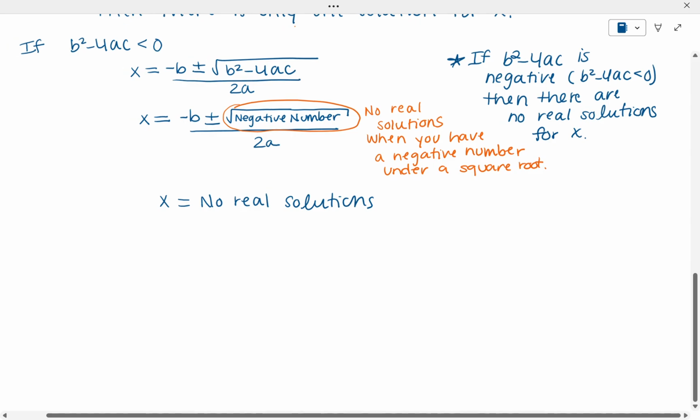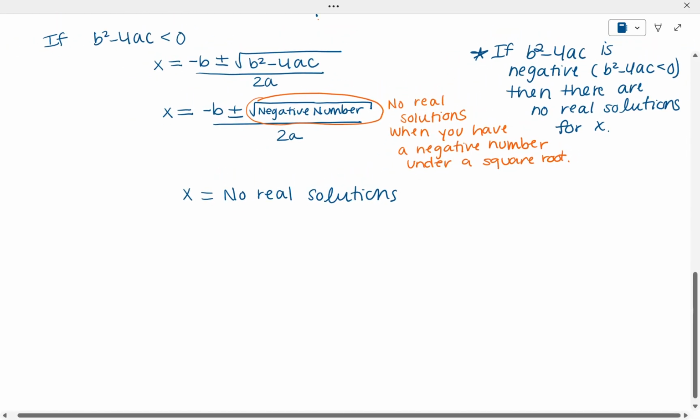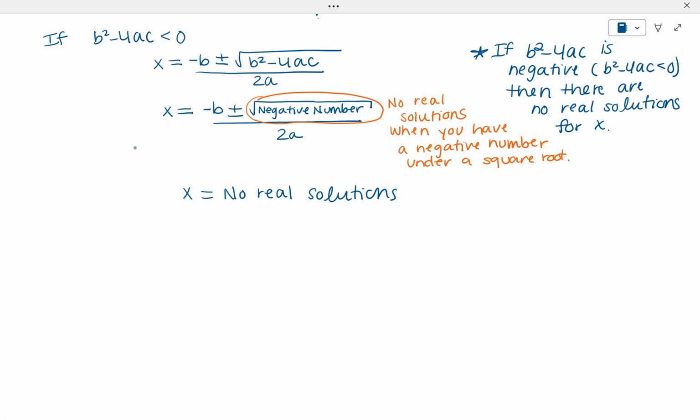And then lastly, we have the case if b squared minus 4ac is positive. So if b squared minus 4ac is positive, and we can write this using an inequality so it's greater than 0, x equals negative b plus or minus the square root of b squared minus 4ac over 2a.